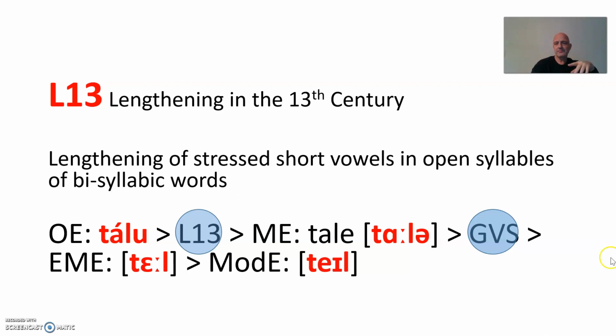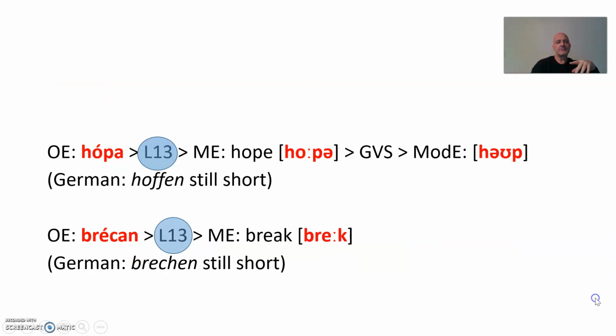Here we go. Hope. Okay, the modern word hope, could be a noun or a verb. It doesn't make a difference. So hopian in Old English, as we still have in German. I always say, compare German, hoffen, contemporary German, hoffen, short o.